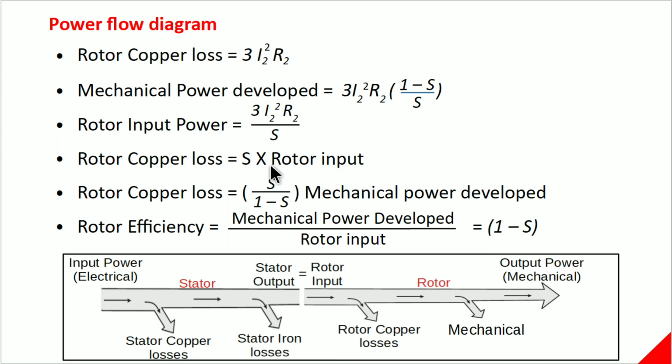If we know the input power of the rotor, multiplying it by slip, we can find the rotor copper loss. And if we know rotor copper loss and slip, we can find the rotor input power, that is, rotor copper loss divided by slip. Similarly, comparing the second and third equations, rotor copper loss is equal to S over (1 minus S) times mechanical power developed.